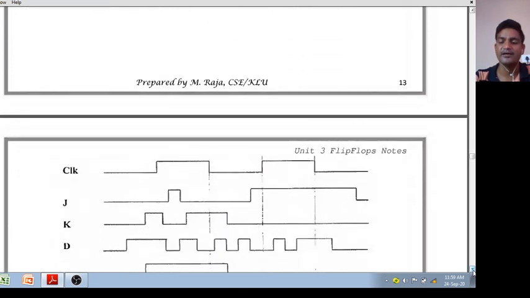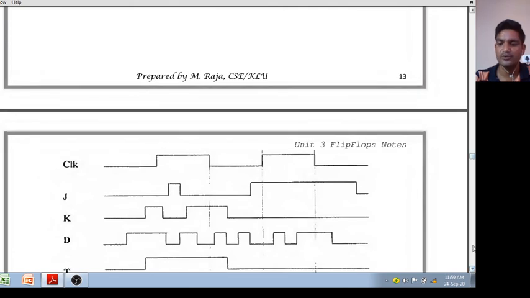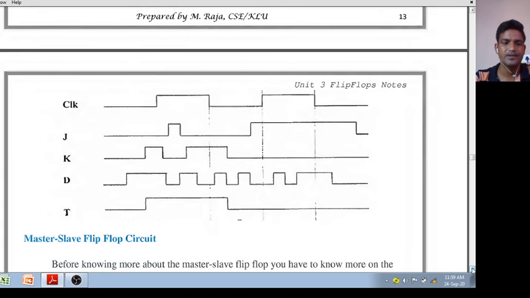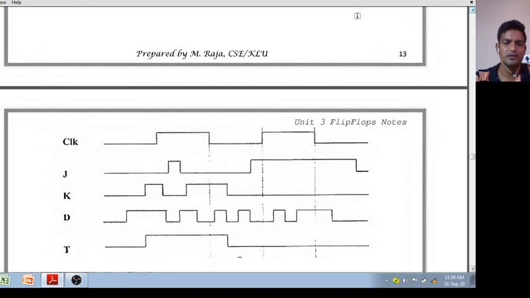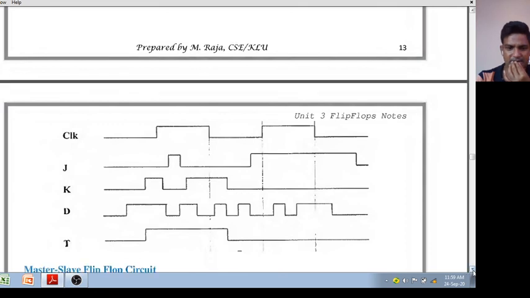Now timing diagram. Suppose I draw this. This is your clock pulse.